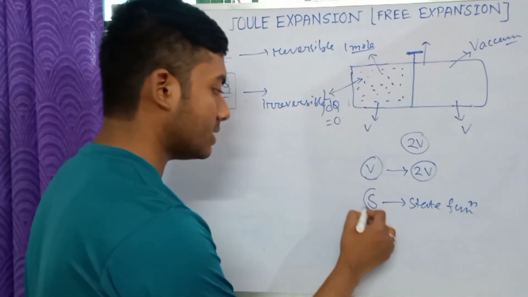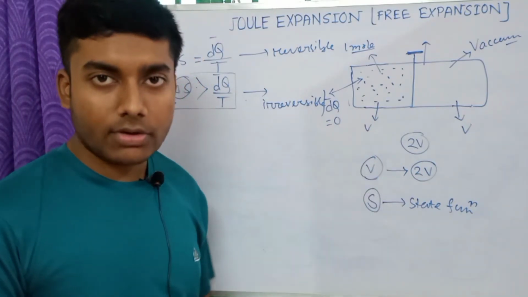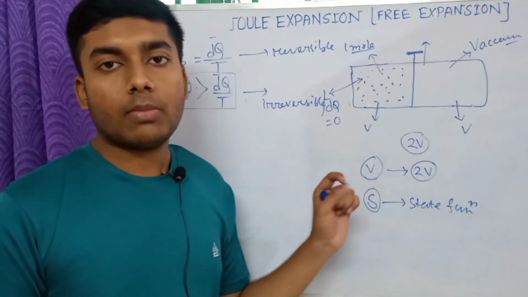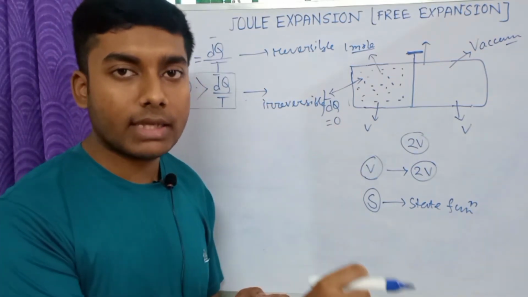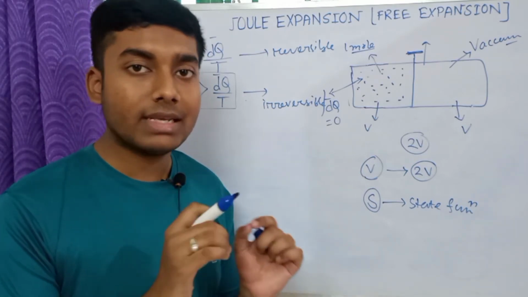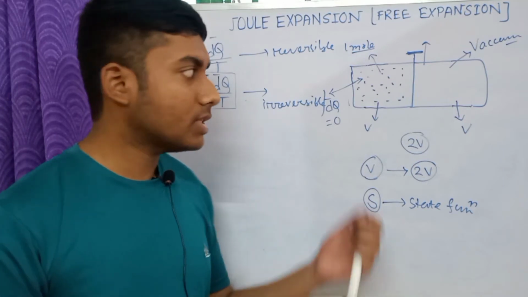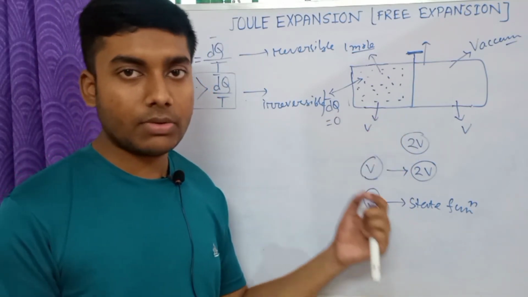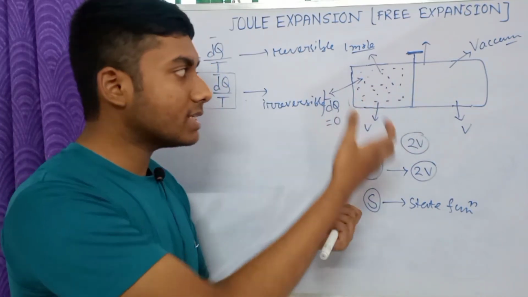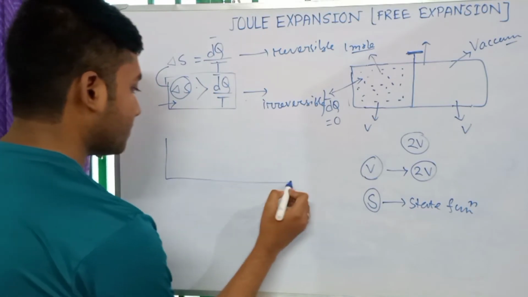State function means that during this process, the change in entropy del S depends only on the two endpoints, the final state and the initial state. It doesn't depend on what path we follow, that is, what process the expansion takes.